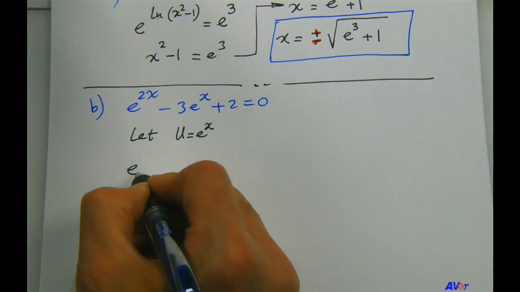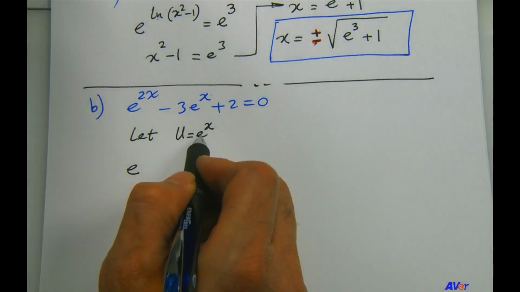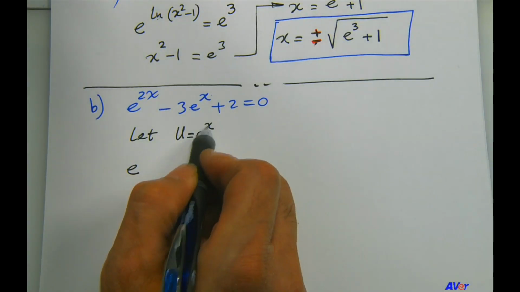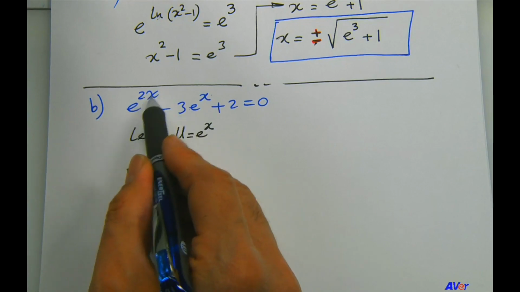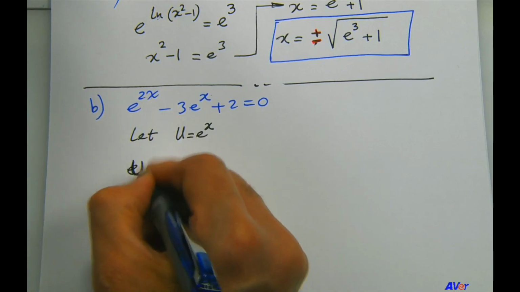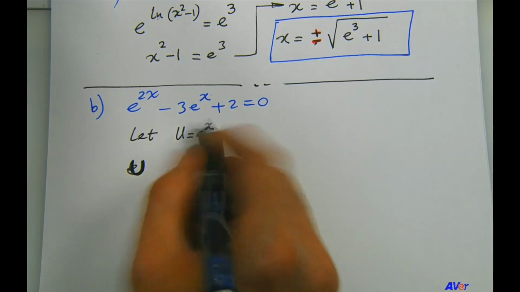So if u is e to the x, then e to the 2x would be u squared, right? You square this, you get e to the 2x.